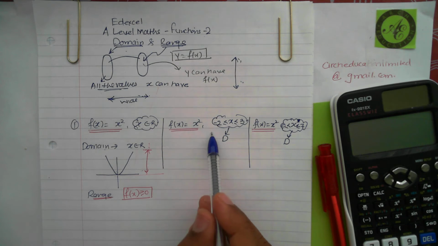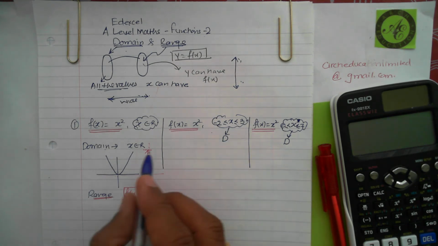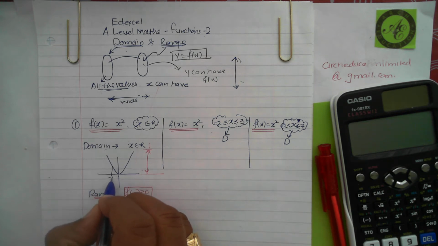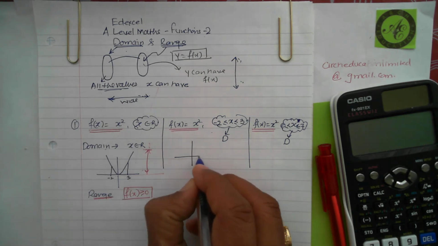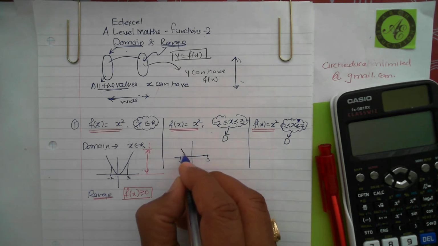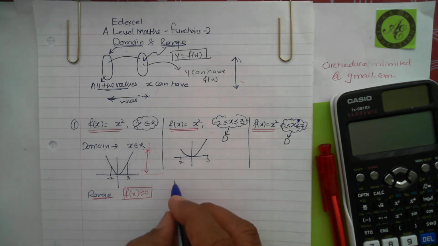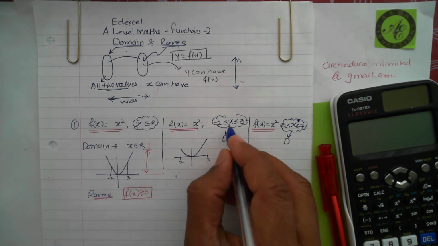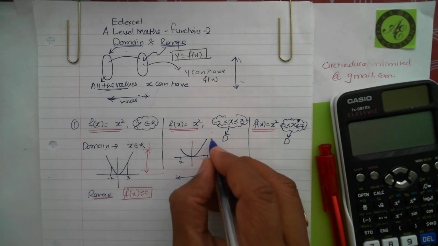Right, for this one now we will do the same graph, but we're restricted to only from -2 somewhere over here and 3 somewhere over here. That means the sketch of this graph would be only something like this. So the domain is given to you, which is between -2 and 3. That's the width of the graph in the sketch, and now we see how high or low the graph can go.